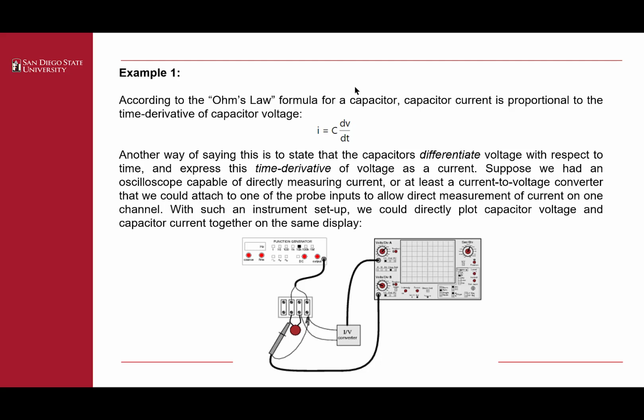Another way of saying this is that capacitors differentiate voltage with respect to time. So what capacitors do is take the derivative of voltage and express it in the output current.